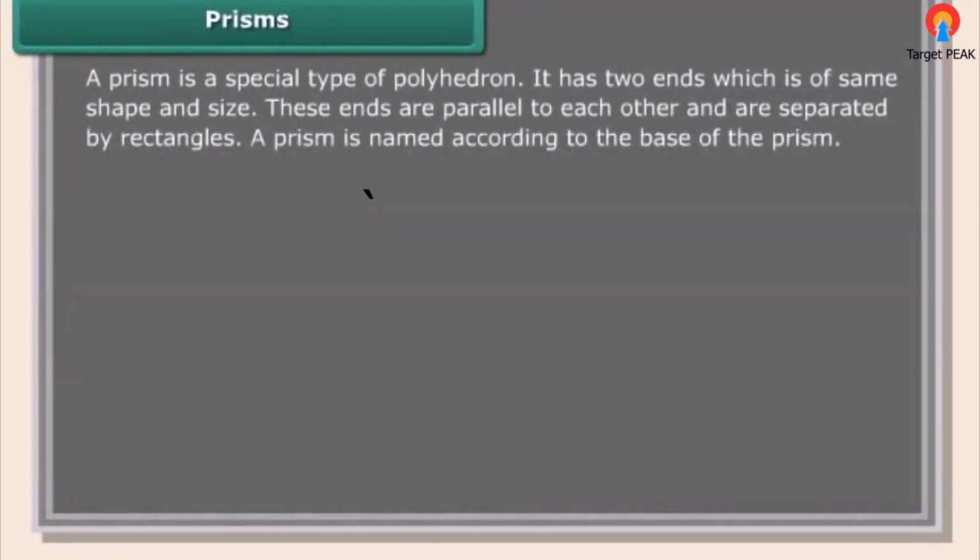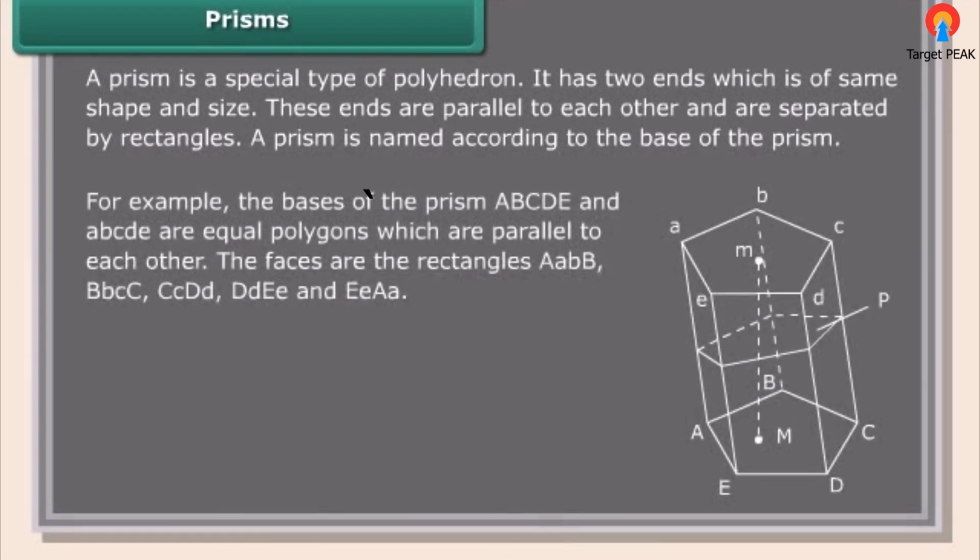Prism: a prism is a special type of polyhedron. It has two ends which are of the same shape and size. These ends are parallel to each other and are separated by rectangles. A prism is named according to the base of the prism. For example, the bases of the prism ABCDE and A'B'C'D'E' are equal polygons which are parallel to each other.